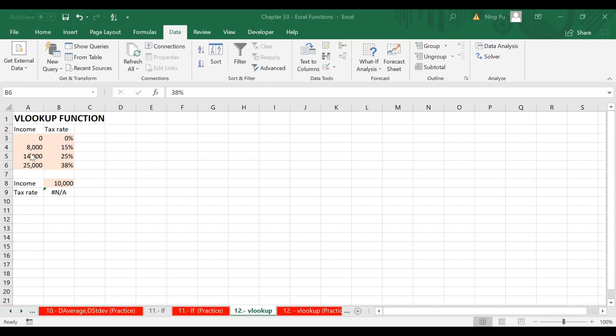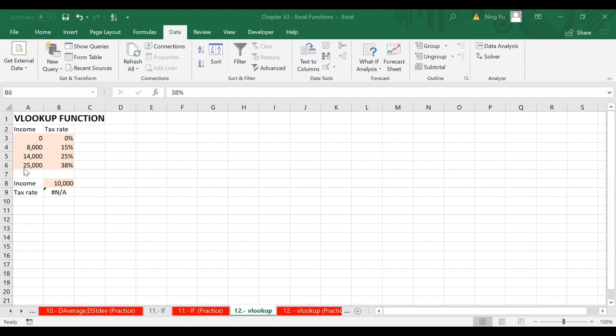The way that this income tax table is arranged, if you earn less than $8,000 per year, then you pay 0% in income tax. But if you earn a minimum of 8,000 or above, but less than 14,000, you pay 15% income tax. But if you earn a minimum of 14,000 or above, but less than 25,000, you pay a marginal tax rate of 25%.